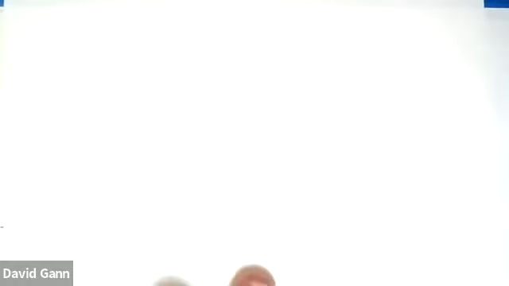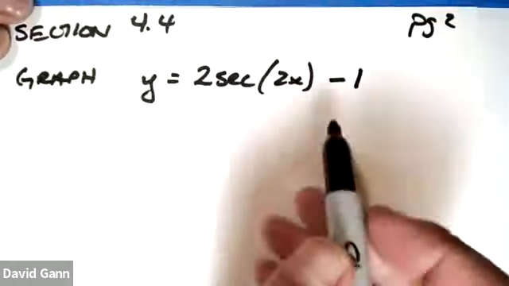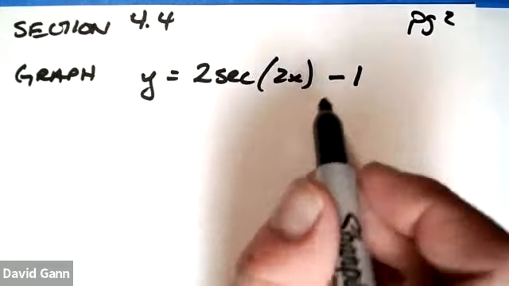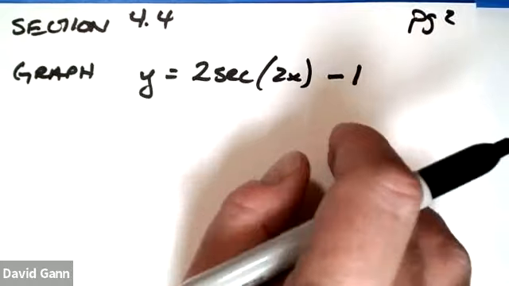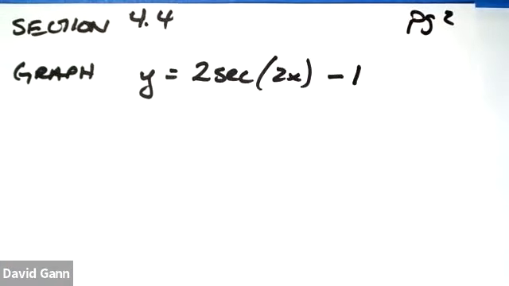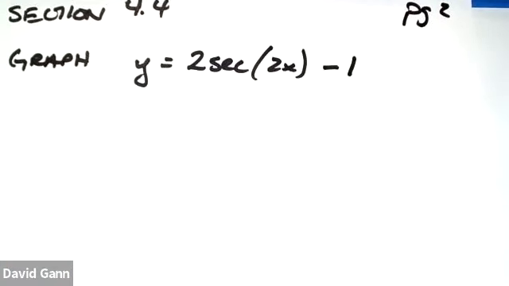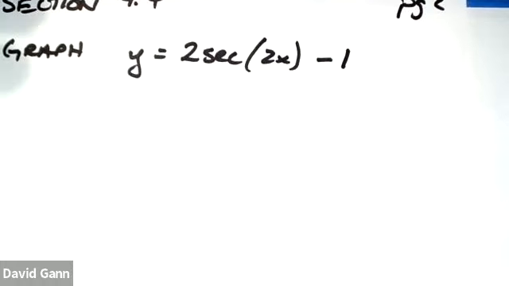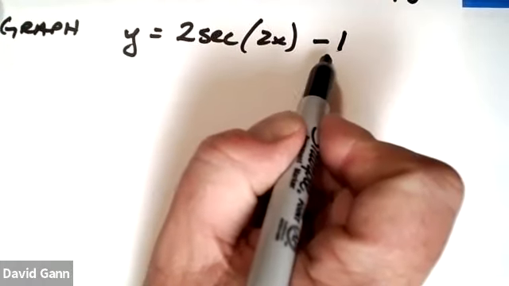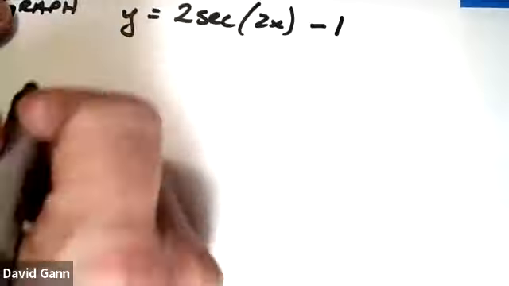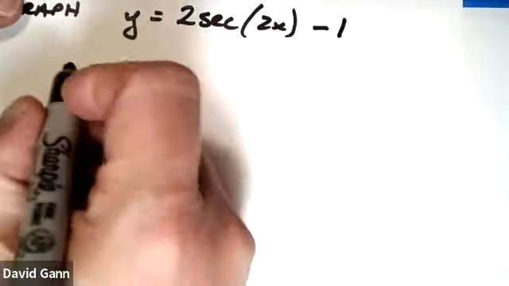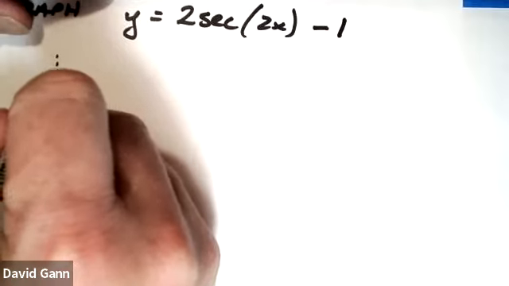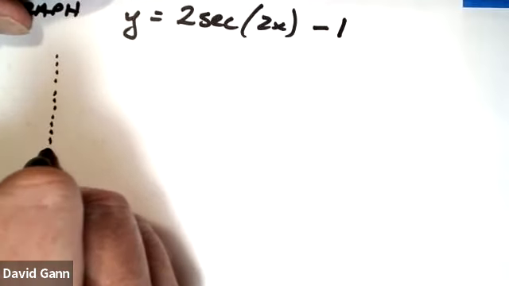The first thing that we want to recognize is that this argument is factored correctly. It's 2 times x minus 0. So this is a secant graph that hasn't been shifted horizontally to the right or left. However, it has been shifted down by 1 unit. So if we were to start with the basic shape of secant, we would start with some vertical asymptotes.